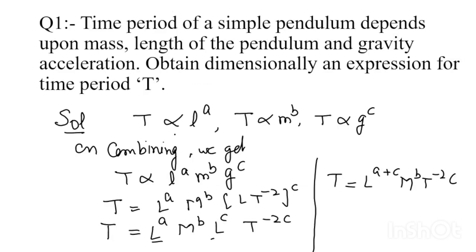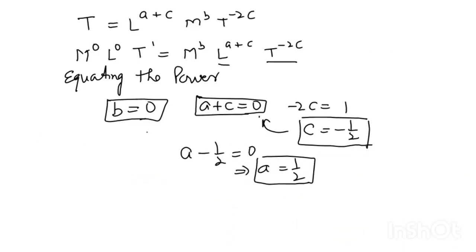Now put these values in the first equation, T proportional to L power A, M power B, G power C. So we get T proportional to M power 0, L power 1 by 2, G power minus 1 by 2.